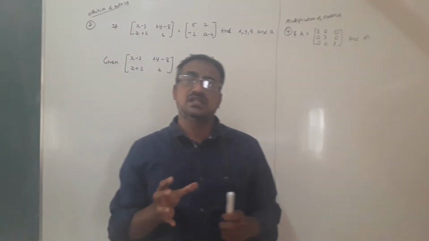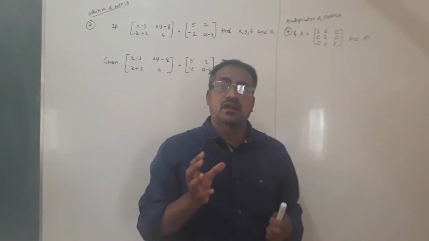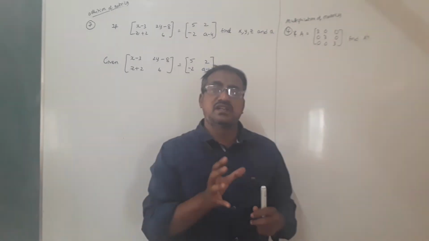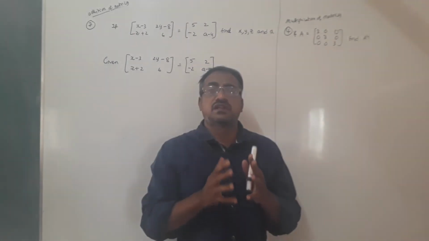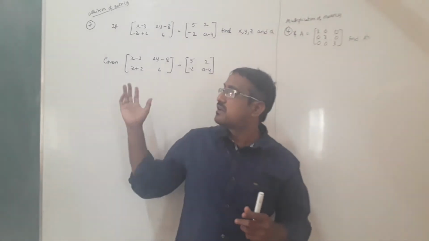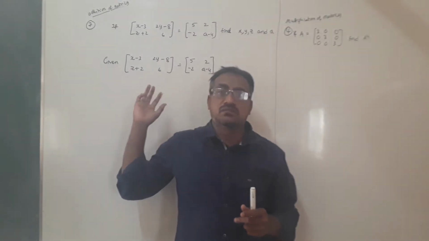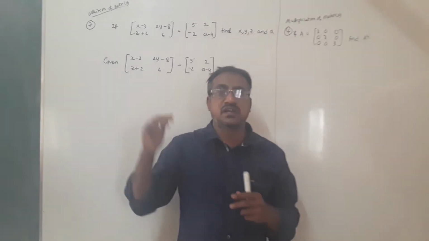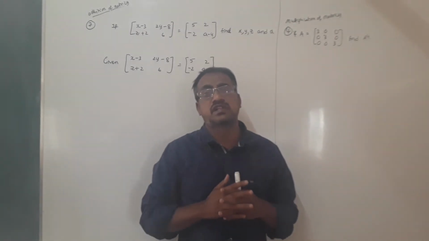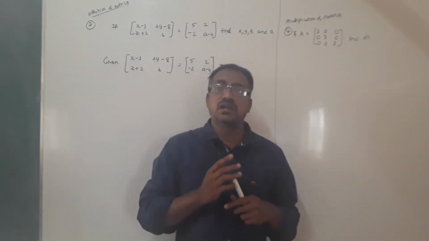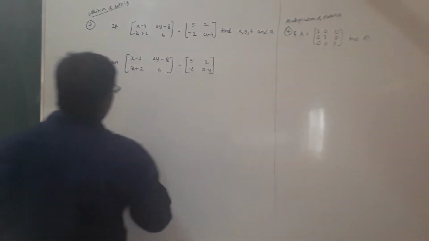If two matrices are equal, then their corresponding elements are equal. First of all, they must be of the same order. Clearly, these two matrices are of order 2 by 2. So there is no problem about the order. Now the corresponding elements must be equal.